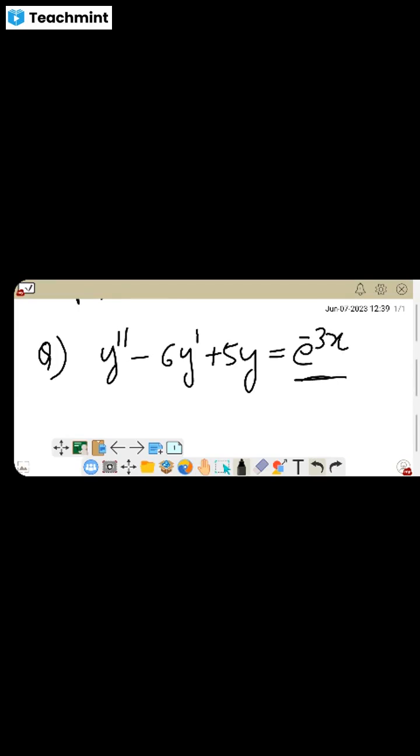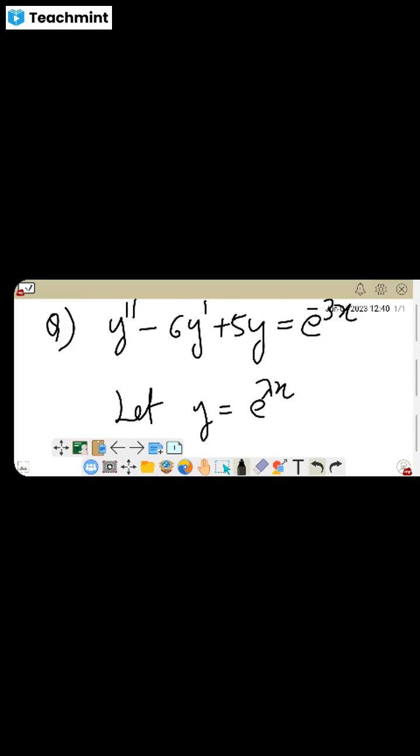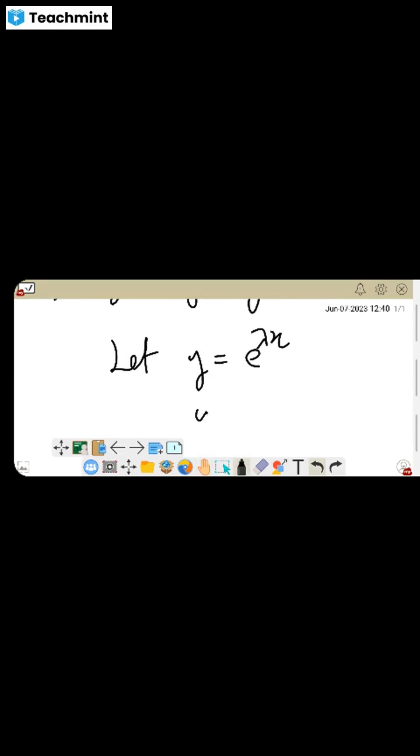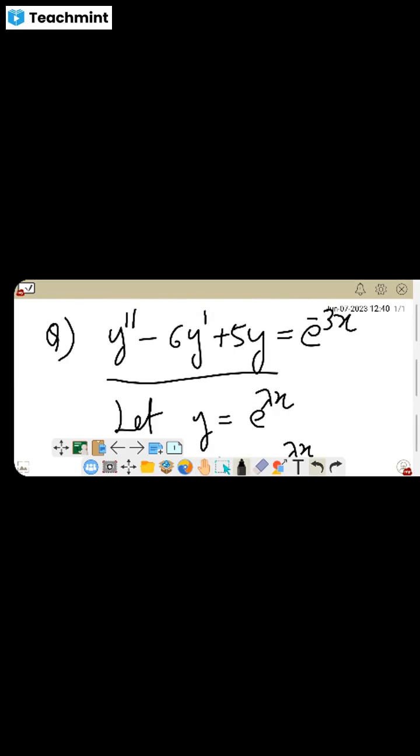This is f(x). So first of all, let us find the CF as usual. Let y is equal to e to the power lambda x, and y dash is equal to lambda into e to the power lambda x, and y double dash is lambda square into e to the power lambda x. Now put all these values in this equation.